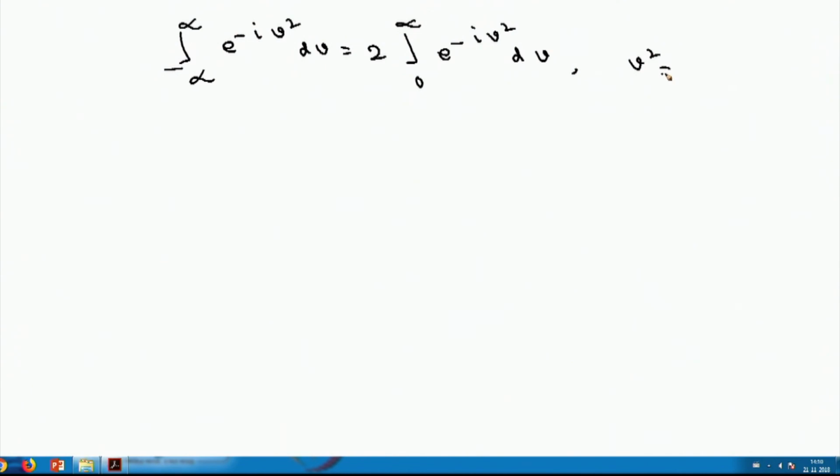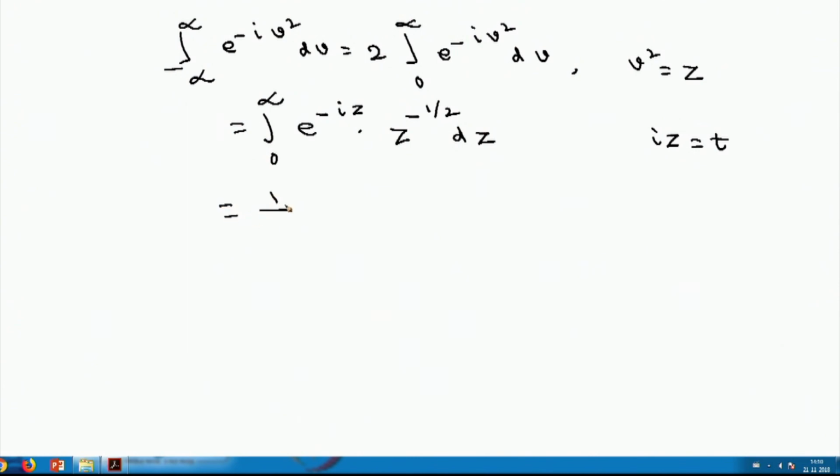If I substitute v square equals z here, it will be transformed into the integral from 0 to infinity of e power minus i z into z to the power minus half dz. Now, here you put again i z equals t. Once I am putting i z equals t, it will be 1 by i to the power half, z equals t by i.